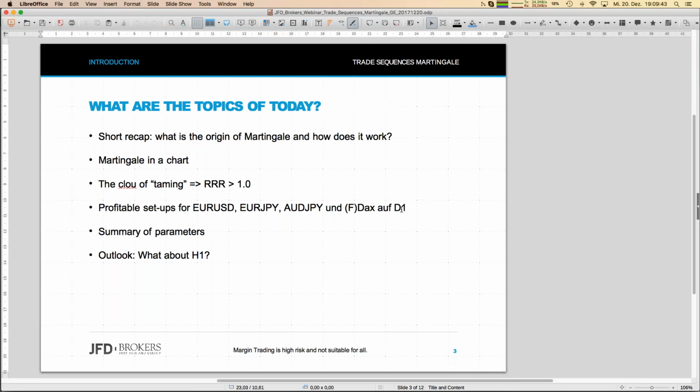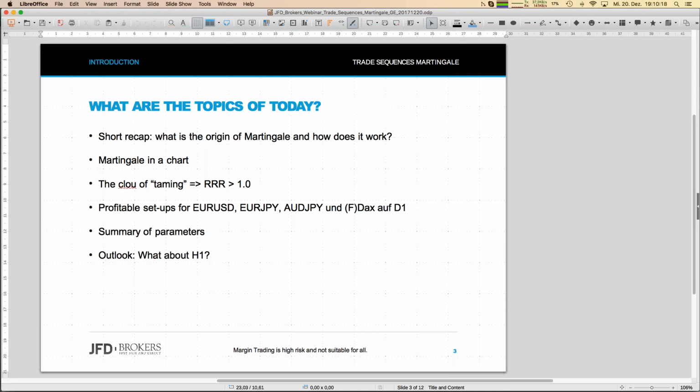That I do everything here starting on D1 is simply because then those Excel sheets are more handy. I mean, we don't have that huge amount of data, and so then we can do everything a little bit easier. In principle, it works with the same Excel sheets on H1. But then we have thousands, nearly 100,000 lines within that Excel sheet, and that's always a little bit tricky.